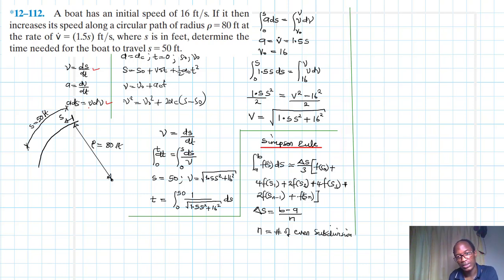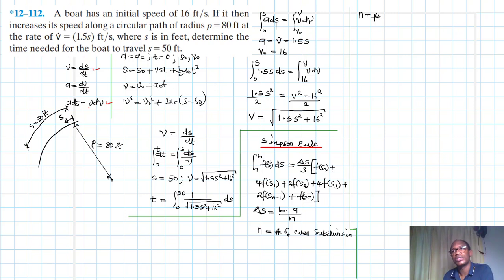So having said that, let's solve this using this technique. In my case, I'll choose n equal to 4. This is the number of subdivisions. Again, I said they have to be even, so you can go with even numbers.